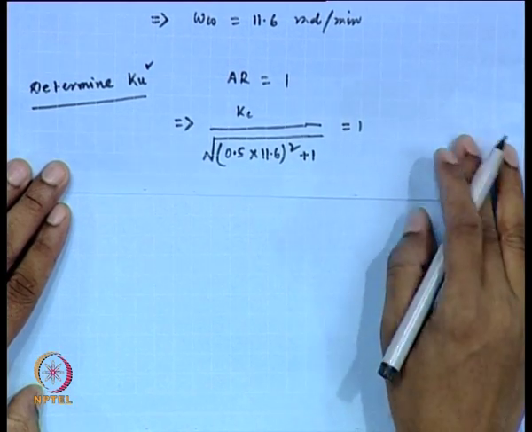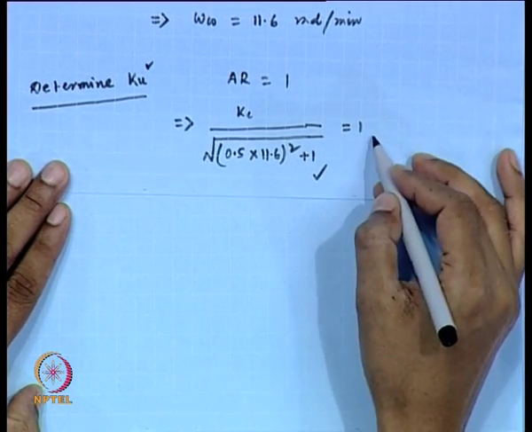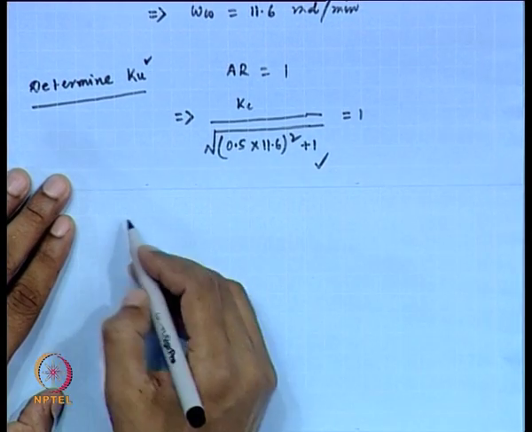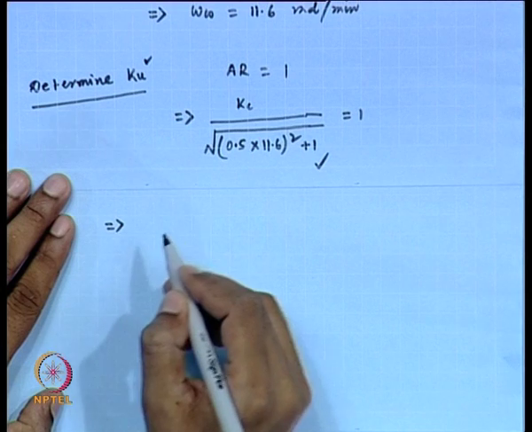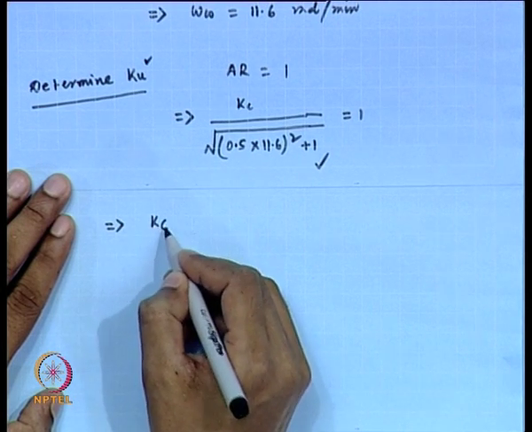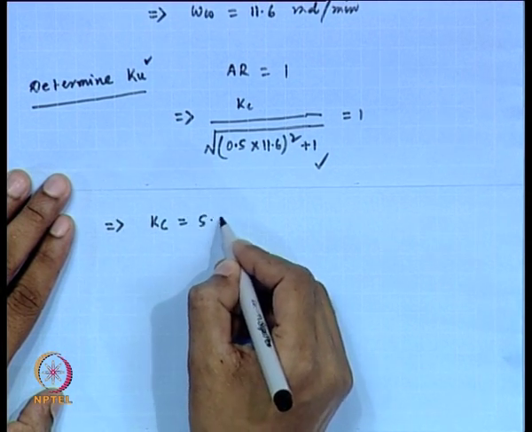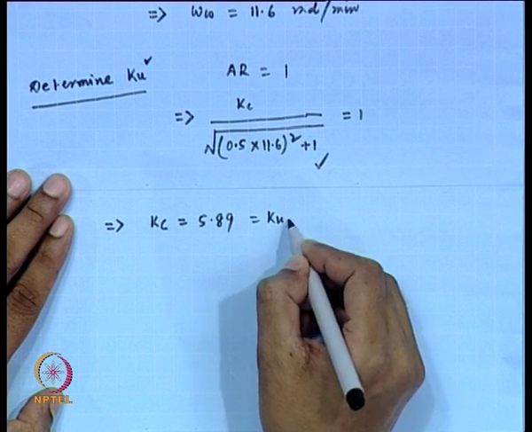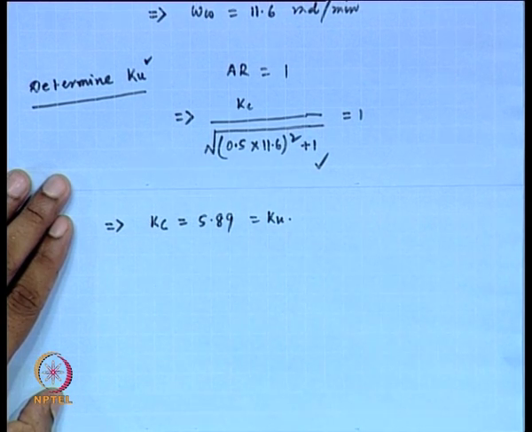This is the expression of amplitude ratio and that is equal to 1. So, if we solve it, we obtain Kc value 5.89, and this is nothing but ultimate gain Ku.